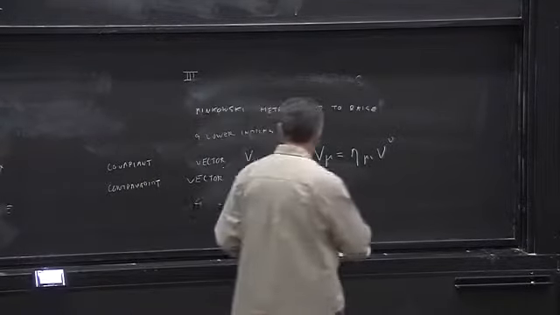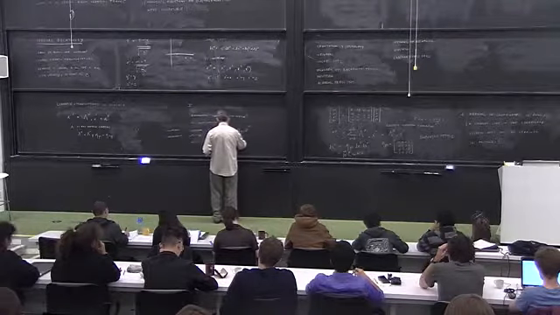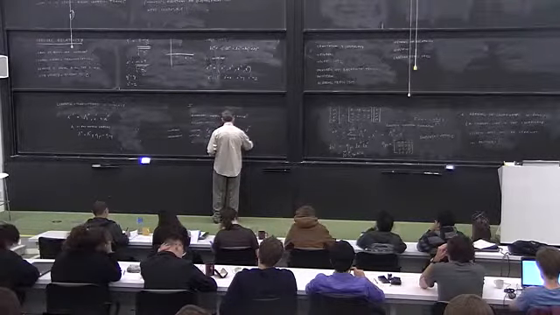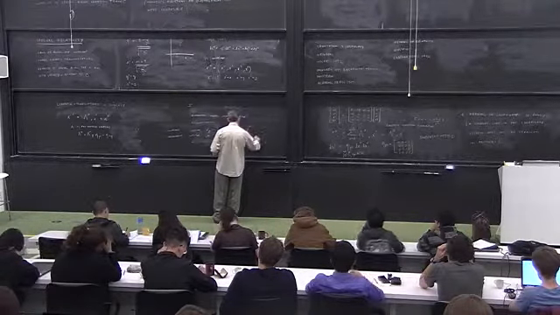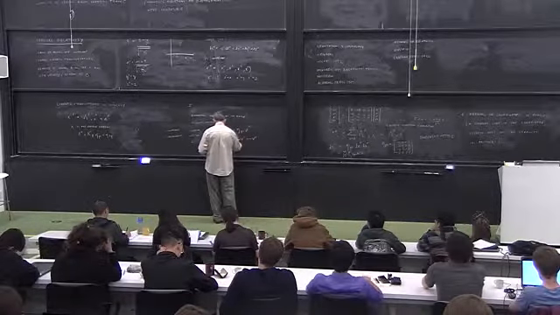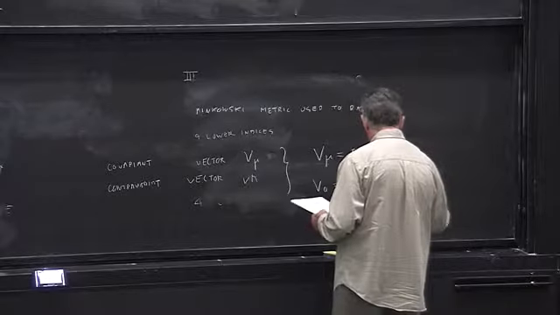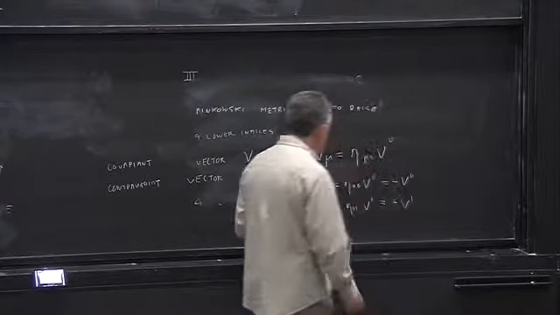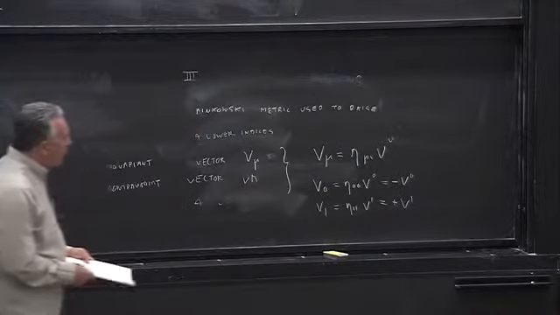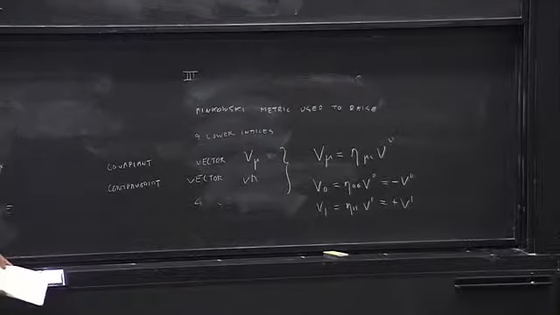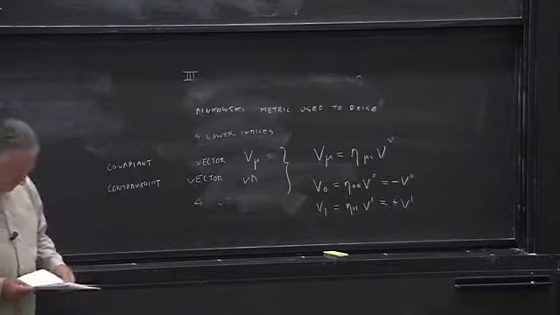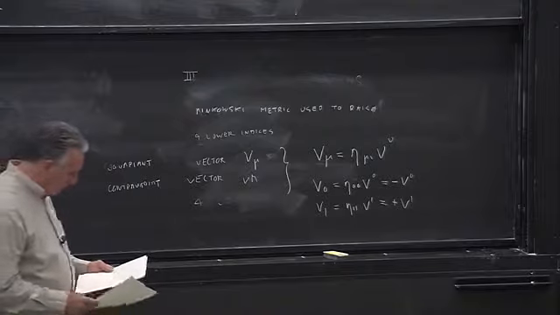So that means v naught is eta naught naught v naught, which is minus v naught, whereas v1 is eta 1 1 v1, which is plus v1. So you have to be careful in raising and lowering indices to do it consistently because the signs are different.